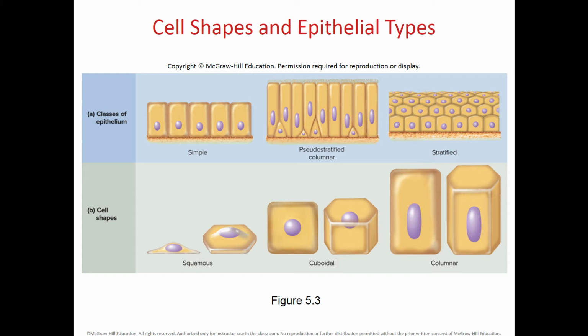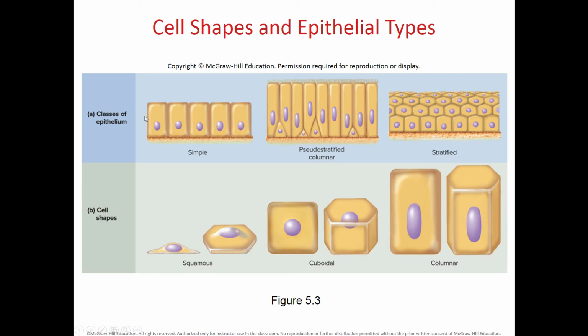According to the shape, the epithelia will be classified into squamous if the cells are flat or scaly, cuboidal if the cells are square-like, and columnar if the cells are taller than wider. So this figure shows you the classes of epithelium according to the number of layers here on the top and according to the cell shapes in the bottom.